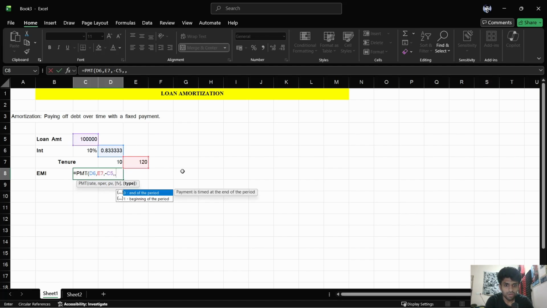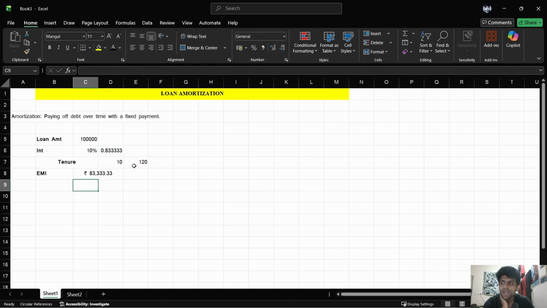And now we choose the end of the period, after putting double commas, because loans are calculated at the end of the month or end of the year, and investments are calculated at the beginning. Once you calculate that, you'll get the amount.